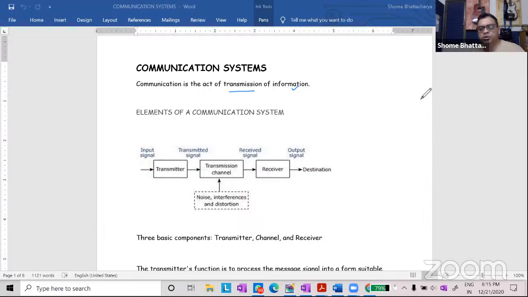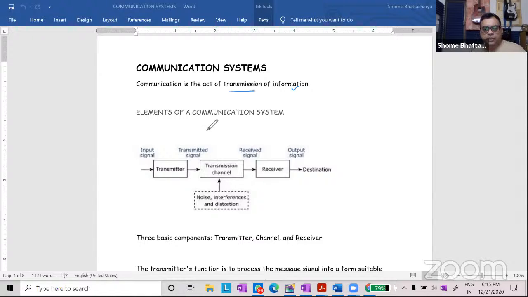But here of course we are talking more in the context of communication via electromagnetic radiations and electromagnetic transmission, or basically radio wave transmission, that kind of situation.